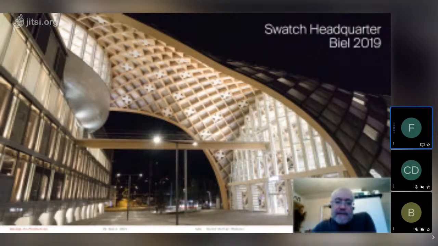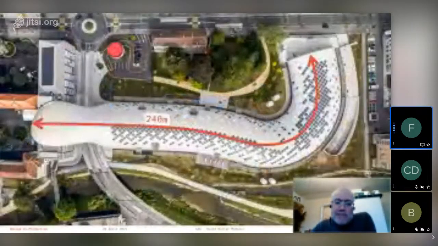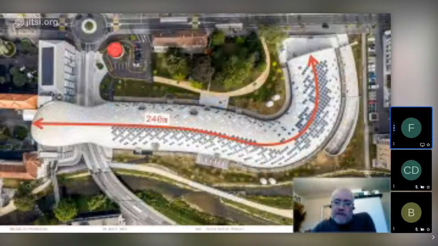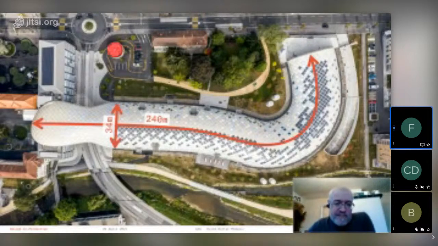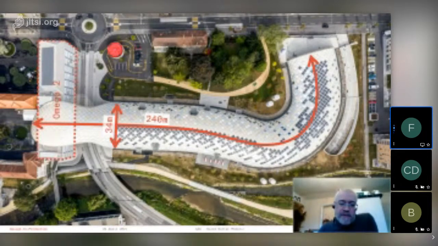It's an almost 250 meter long timber grid shell that goes around the bend and then takes off, goes over a street and rests its head on the other side of the street on another building, the Omega 2 building, about 34 meters wide at the highest point, almost 30 meters high.